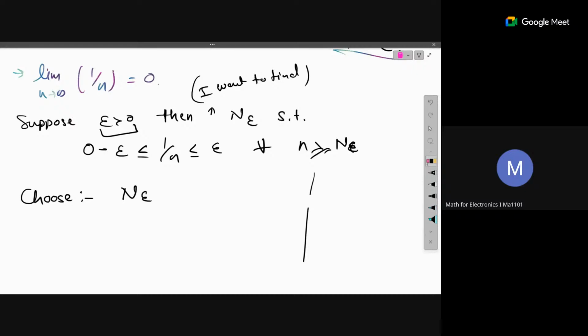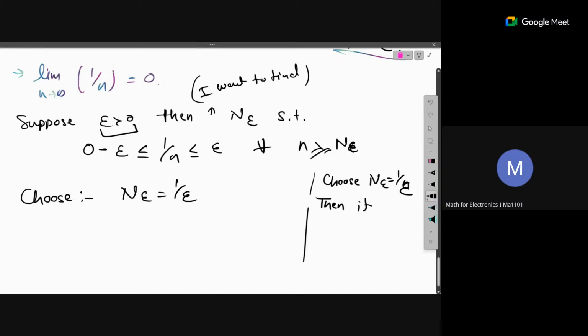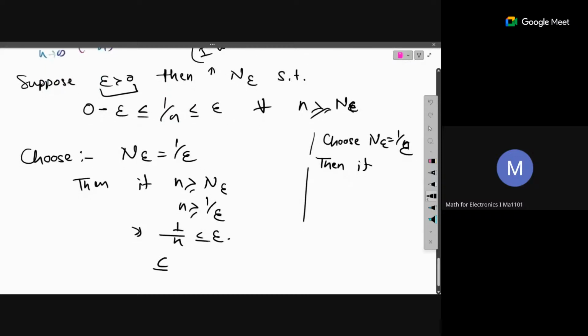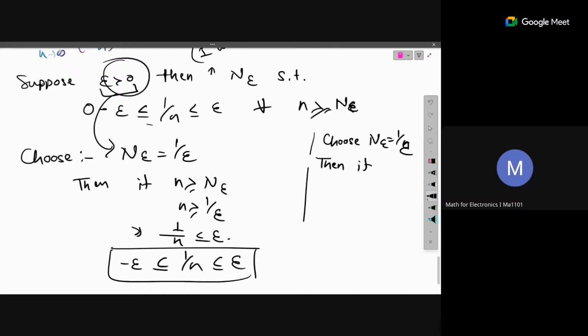So let's choose n epsilon to be equal to 1 by epsilon. Then if n is greater than or equal to n epsilon, that means n is greater than or equal to 1 by epsilon, which implies 1 by n will be less than or equal to epsilon. And it is automatically greater than or equal to minus epsilon, because epsilon is a positive quantity, so 1 by n will always be greater than or equal to 0. So it lies between these terms. That means for every epsilon, my n epsilon is nothing but 1 by epsilon.